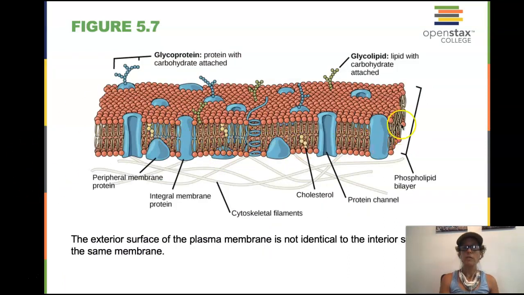This is a repeat of that previous image we had of the plasma membrane, but now it is showing here to show us that the exterior surface of the membrane is not identical to the interior surface.